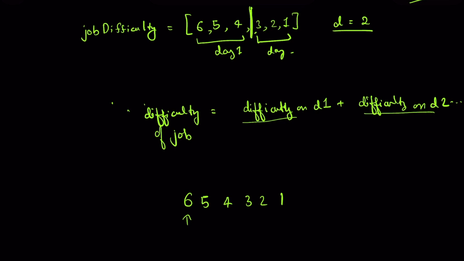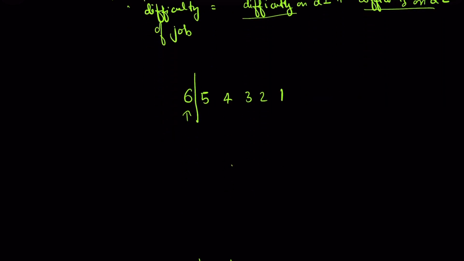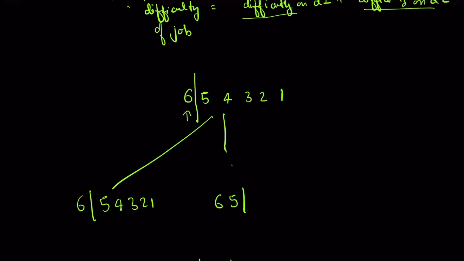So let's say you do this job of difficulty 6 on day 1. So you can create one partition here, or so this will form a tree like structure. So let's say you have done partition here. You can also do partition after 2 jobs.